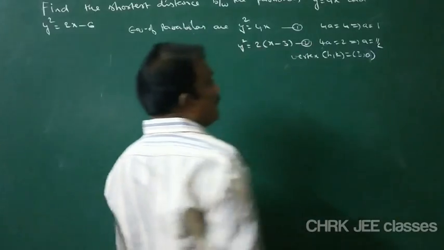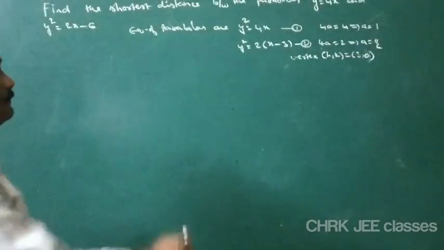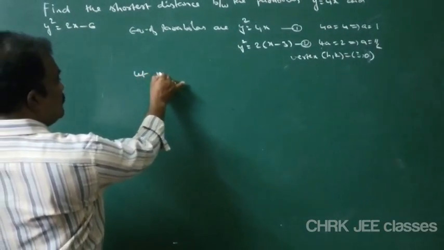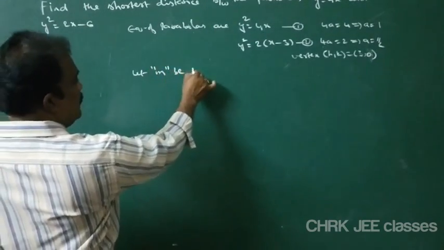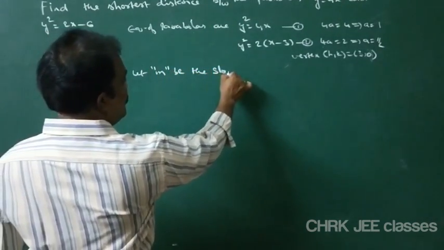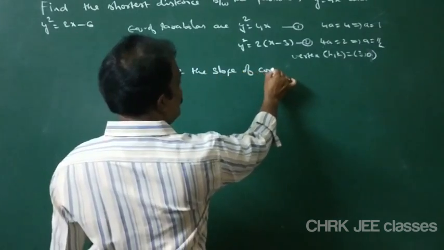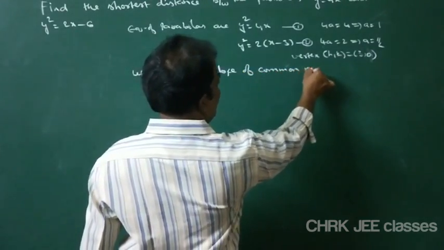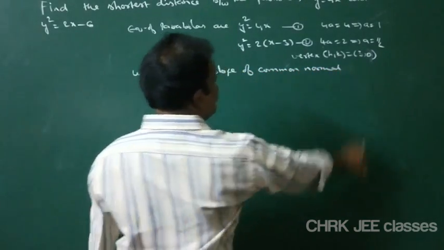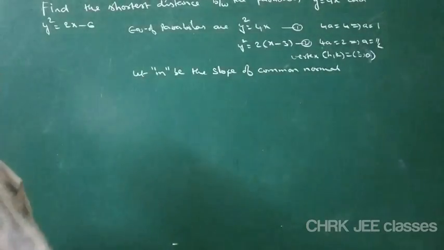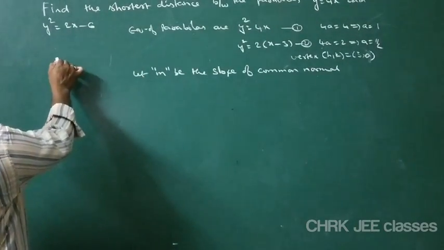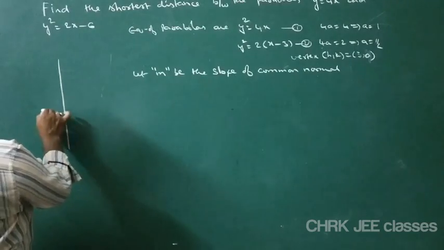Let m be the slope of the common normal. Therefore, first of all, observe the diagram.